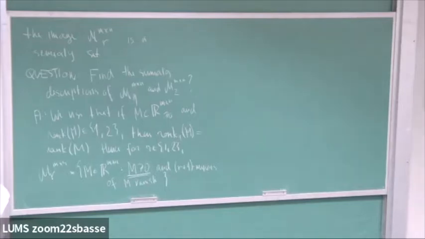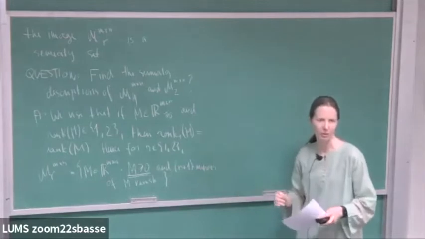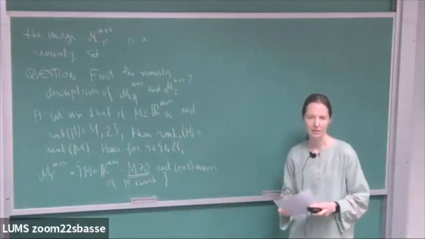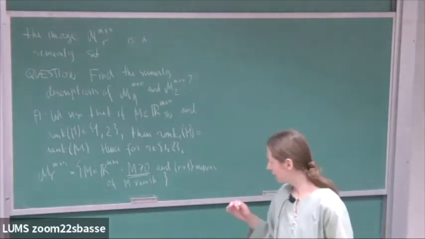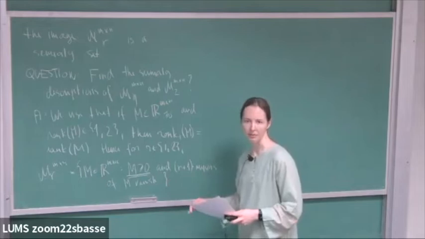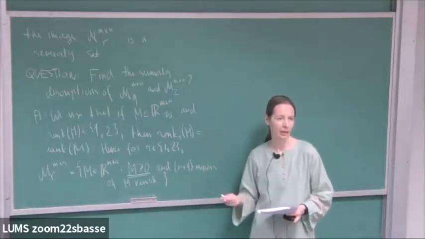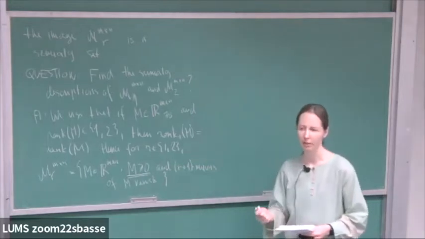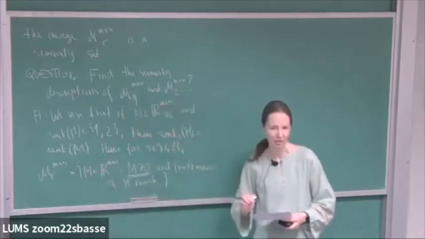If I give you a matrix M, it tells you that you have to find this A and B. Whereas here you can just plug into all of these constraints and check if it satisfies the conditions. So basically this describes it as a semi-algebraic set. And this is an efficient way of checking, well, not checking the non-negative rank, but checking whether the non-negative rank is at most two.